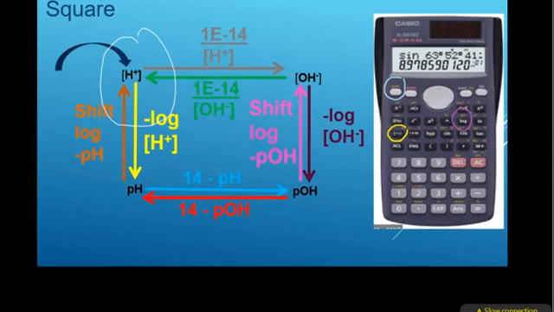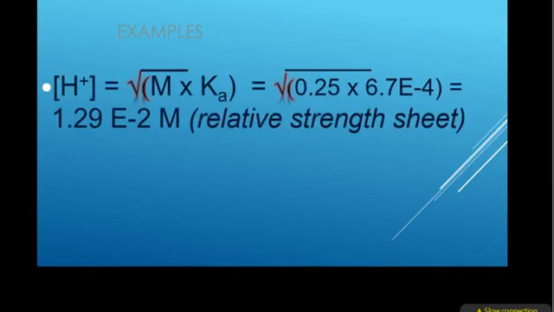So for that calculation, you should have come up with 1.29 E negative 2. Could you have said for this particular one 0.0129? Sure, that's the same thing.